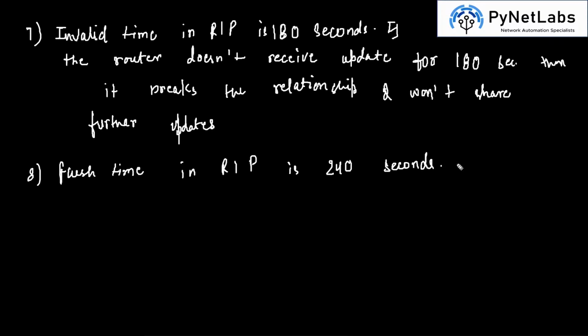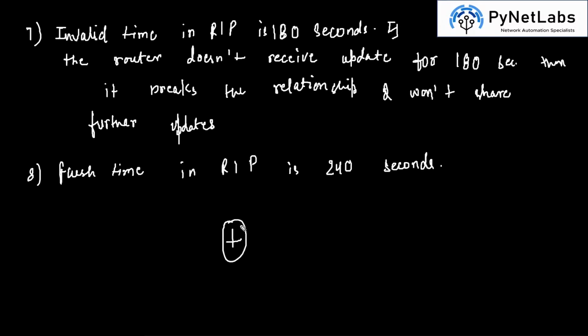So after the invalid time of 180 seconds, if the router doesn't receive an update for another 240 seconds, then after the completion of 240 seconds, it will remove all the information about that router from its routing table.